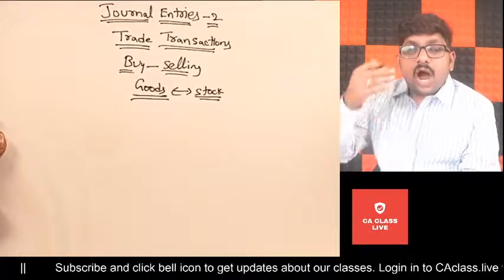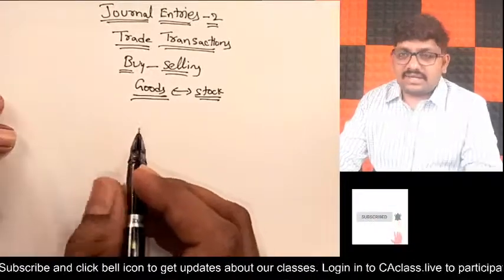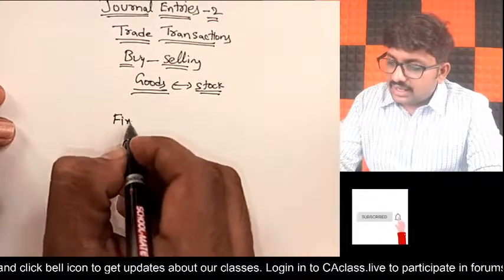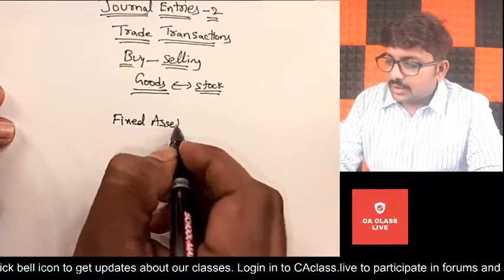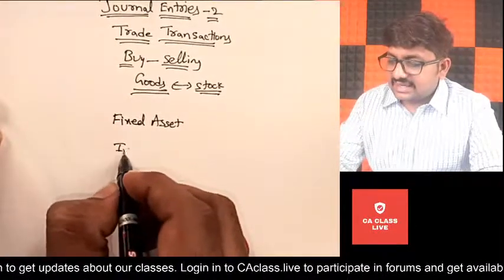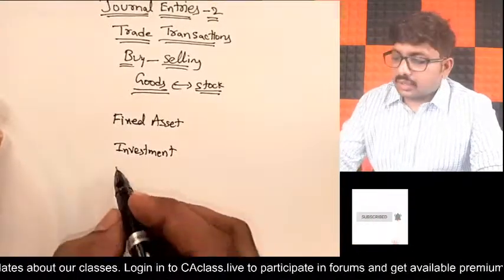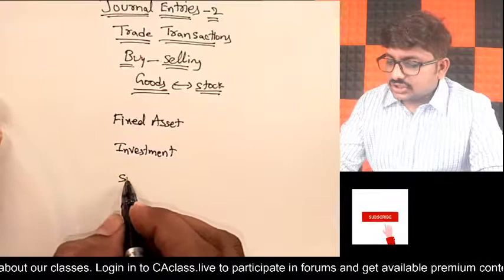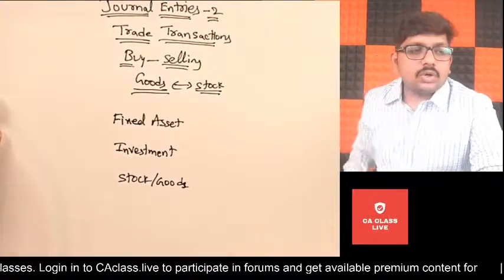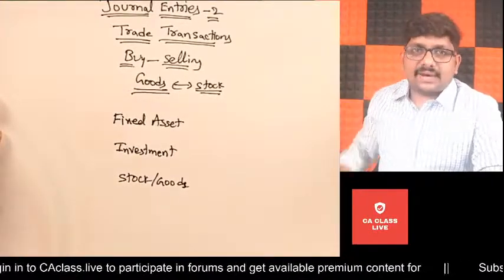Out of those assets, friends, we can subcategorize our assets into 3 subcategories: a fixed asset, an investment, or stock or goods. Normally you can subdivide your assets into these 3 subcategories.